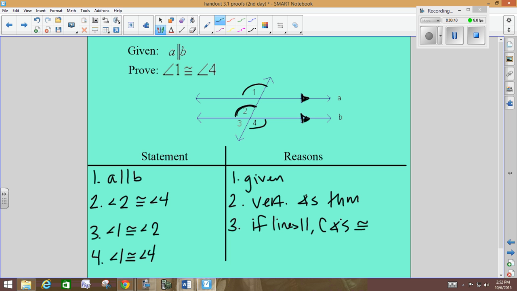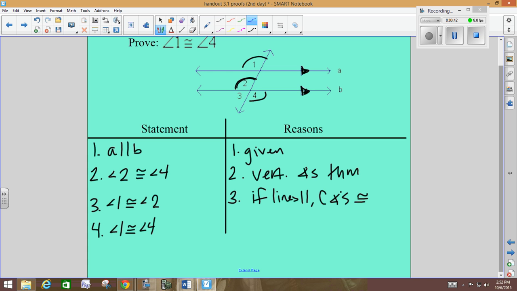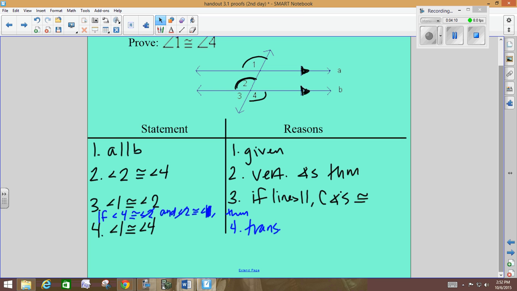You can also use the transitive property, because if I rewrite statements 2 and 3 as angle 4 is congruent to angle 2, and angle 2 is congruent to angle 1, since they both are congruent to angle 2, we can eliminate that middleman, and we're using 4 congruent to 1. So you can use transitive or substitution, whatever makes more sense to you in that case.